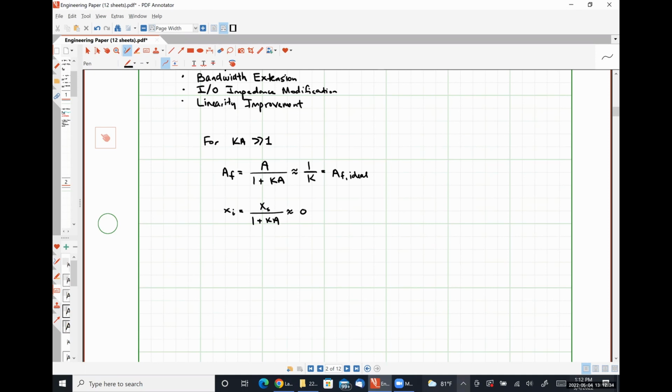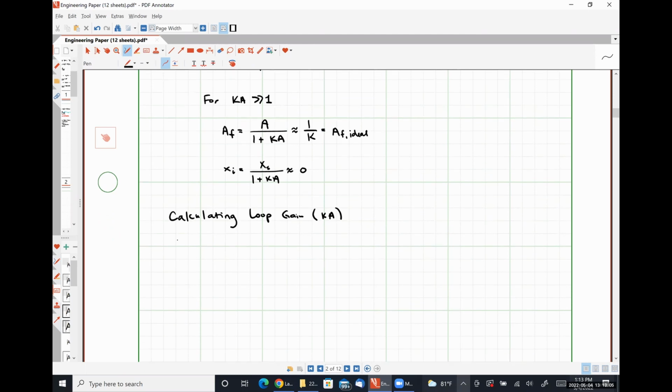So because the loop gain is such a very important parameter for the behavior of a feedback circuit, we have to be very careful and very explicit in how we calculate, okay? So calculating loop gain, Ka, all right? Step 1, we set XS equal to 0.